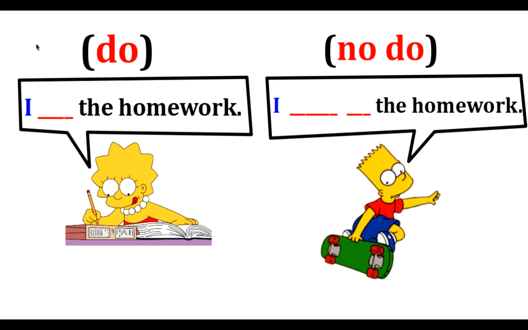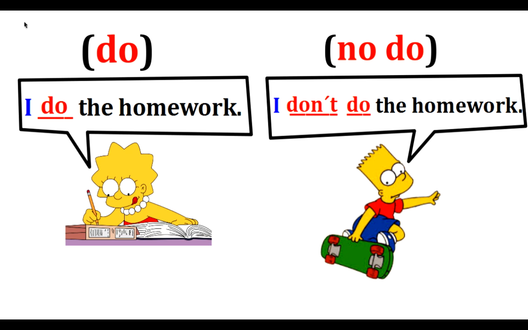Time to practice the negatives and the affirmations. For example, I do the homework. I don't do the homework. The negative auxiliary and the normal verb. I don't do the homework.